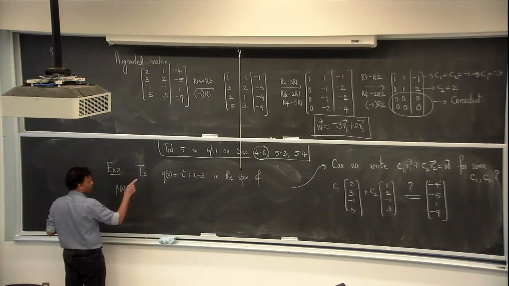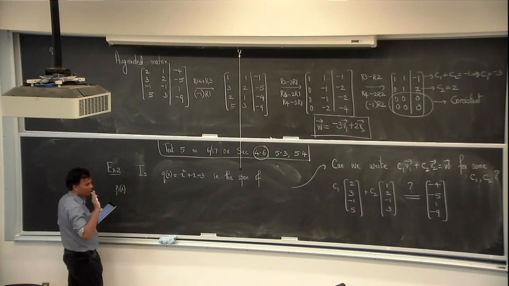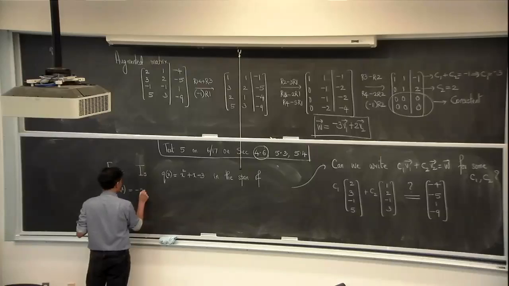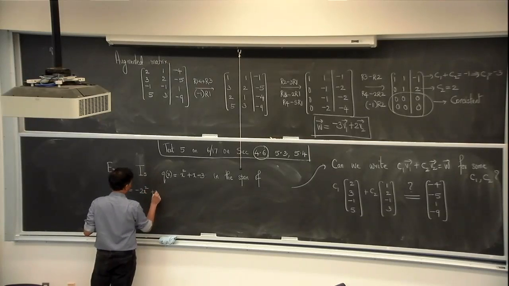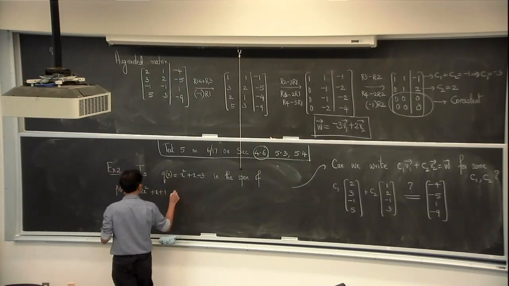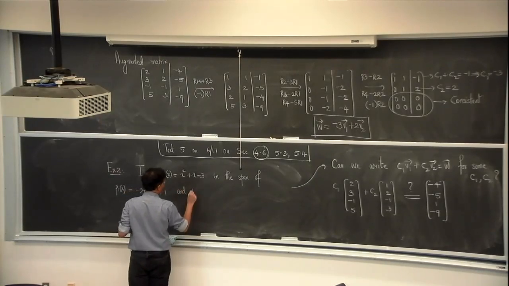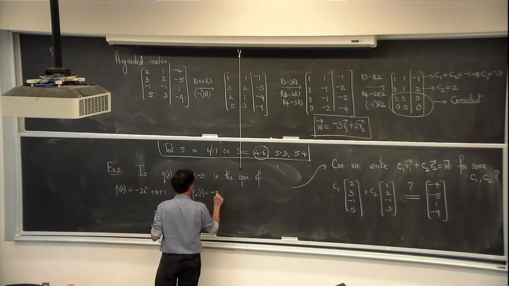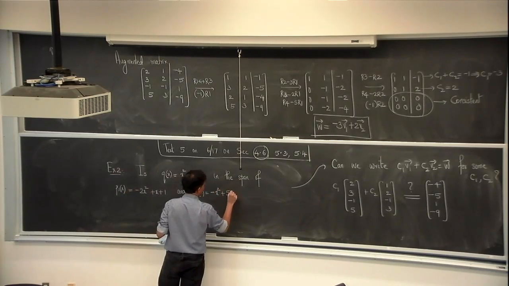You don't have to put arrows for this. These are vectors, but not your typical vectors. P1 of x equal to negative 2x squared plus x plus 1, and P2 of x equal to negative x squared plus 5x plus 2.